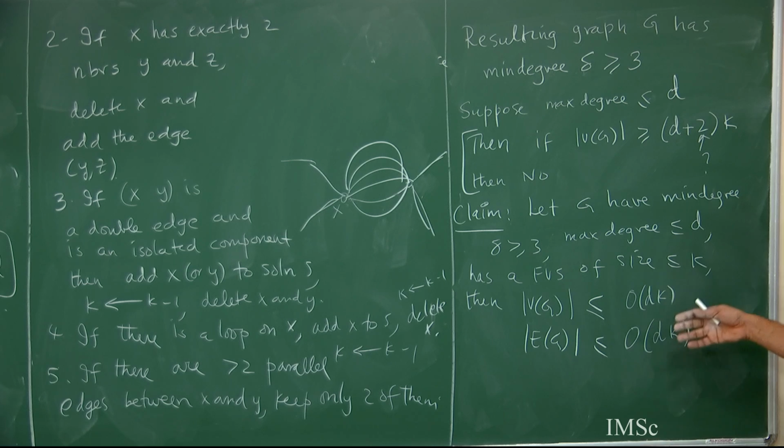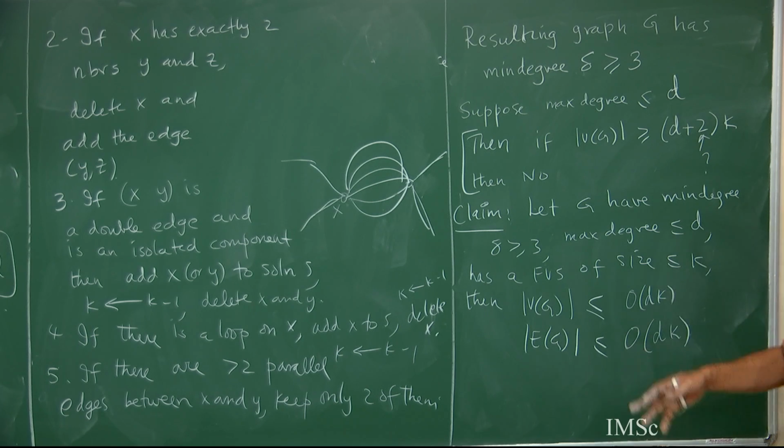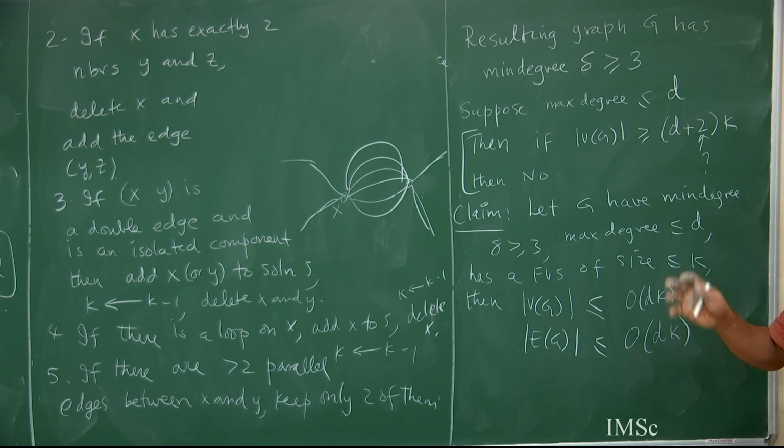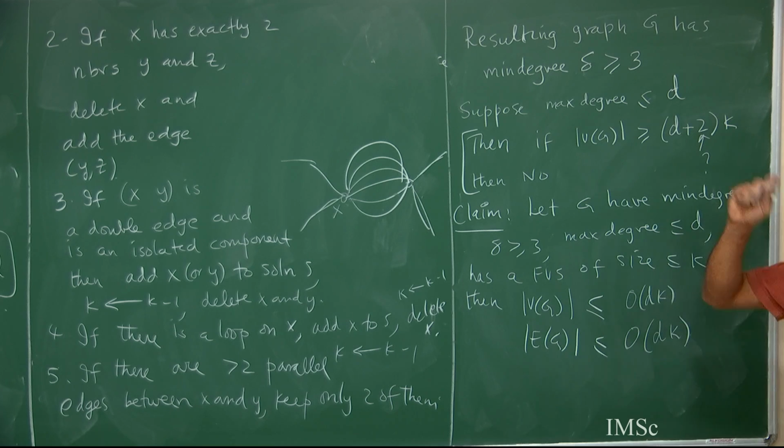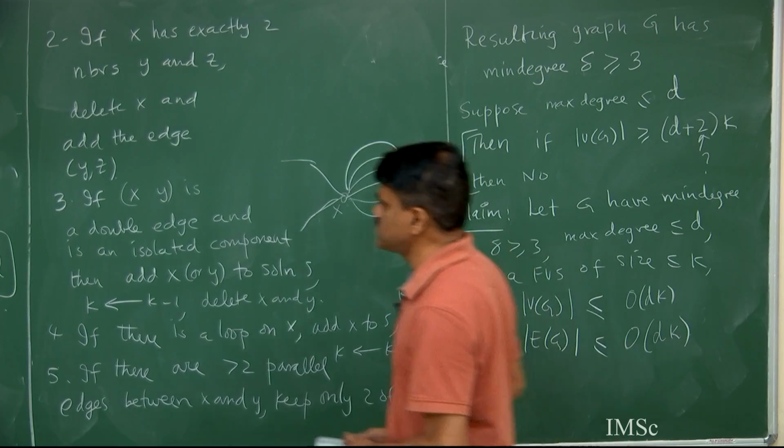So what this suggests is if I am aiming for a k-square sized kernel, then you need a reduction rule to handle vertices with degree more than some ck. That will be the rule which requires all this heavy duty combinatorial theorems to get rid of them. But let us try and prove this.